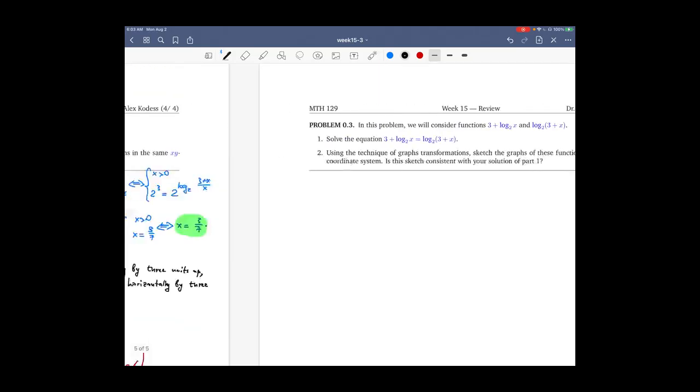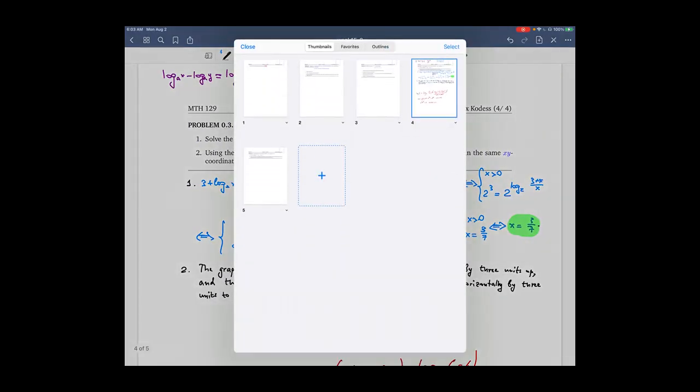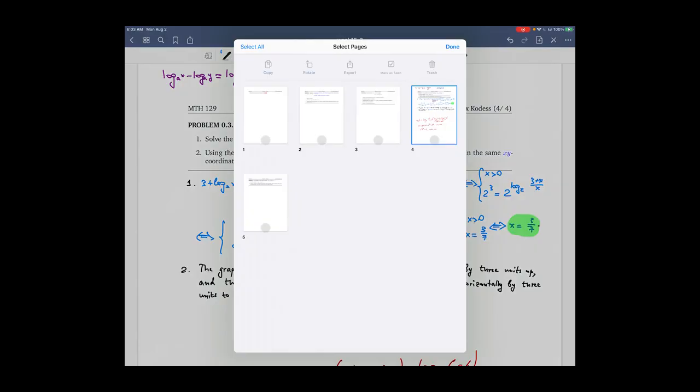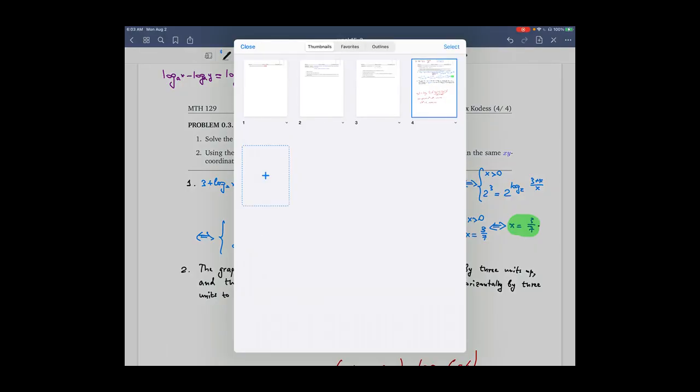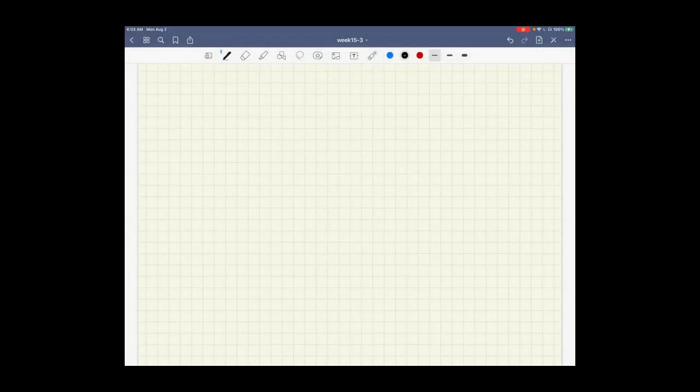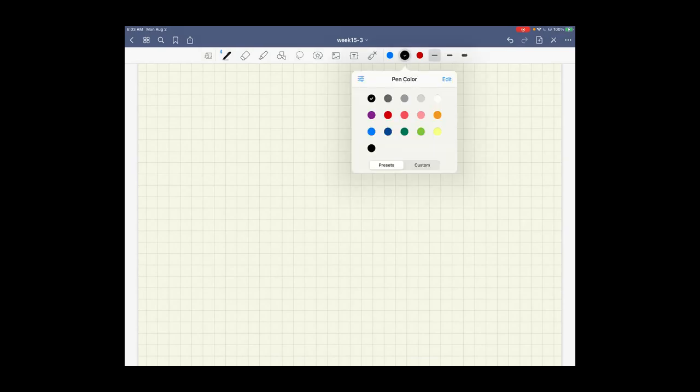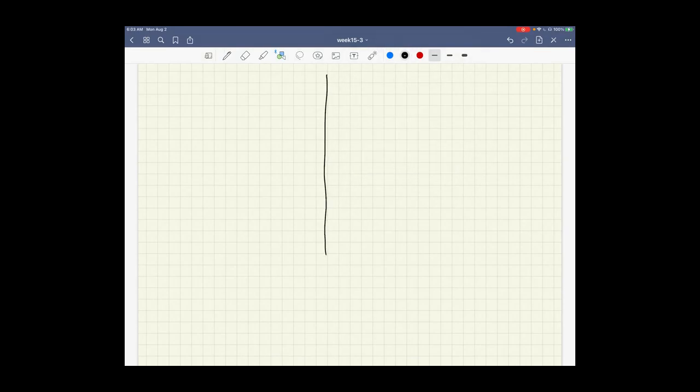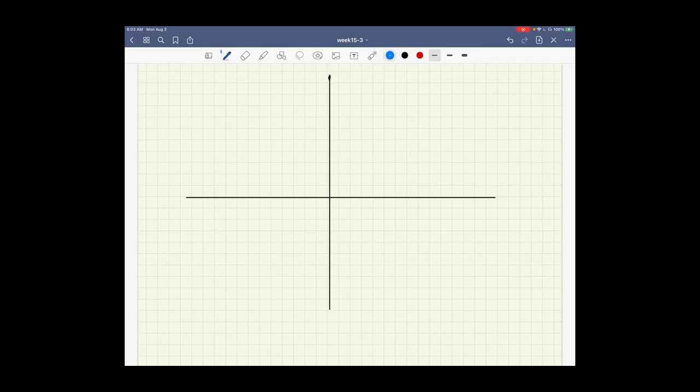So if I add a new page, and draw them on ruled paper, let's first draw log x base 2.